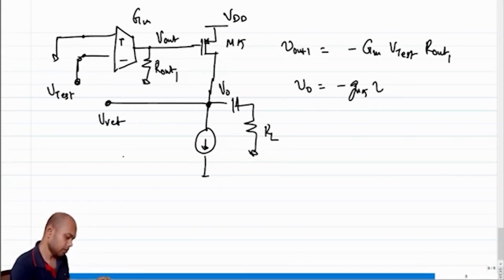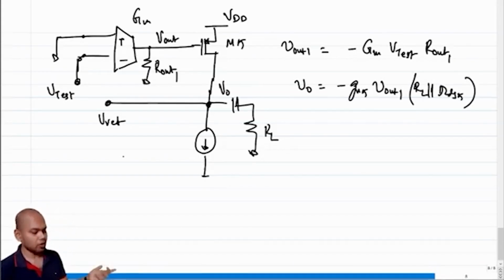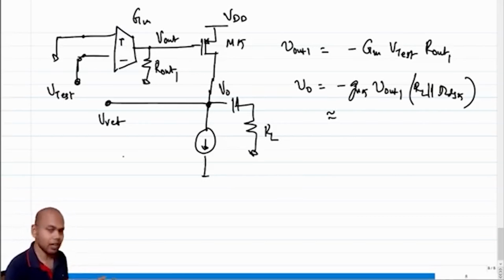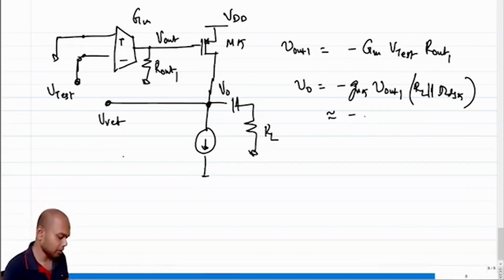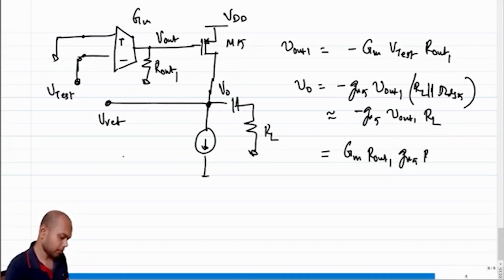GM times V out 1 times RL parallel RDS 5, right? So this is almost equal to, by definition RL is a very heavy load, so RDS has to be negligible. This becomes minus GM5 V out 1 RL, which is equal to GM times R out 1 times GM5 times RL.